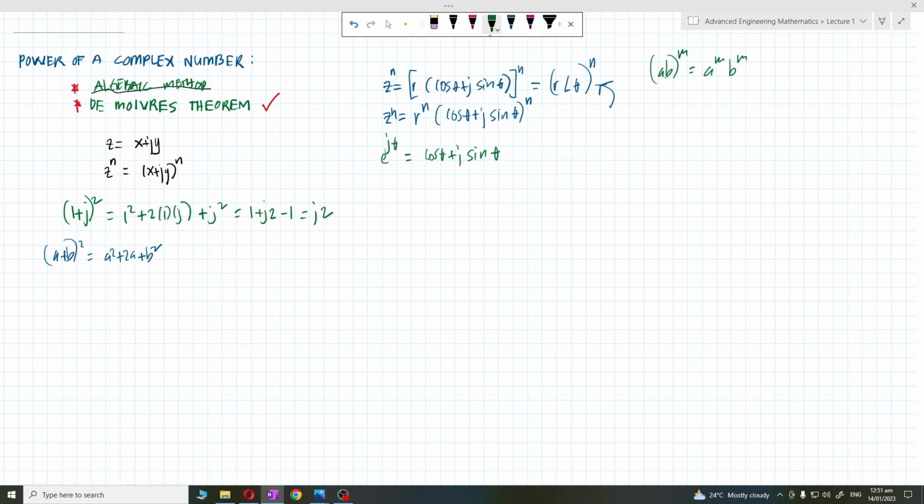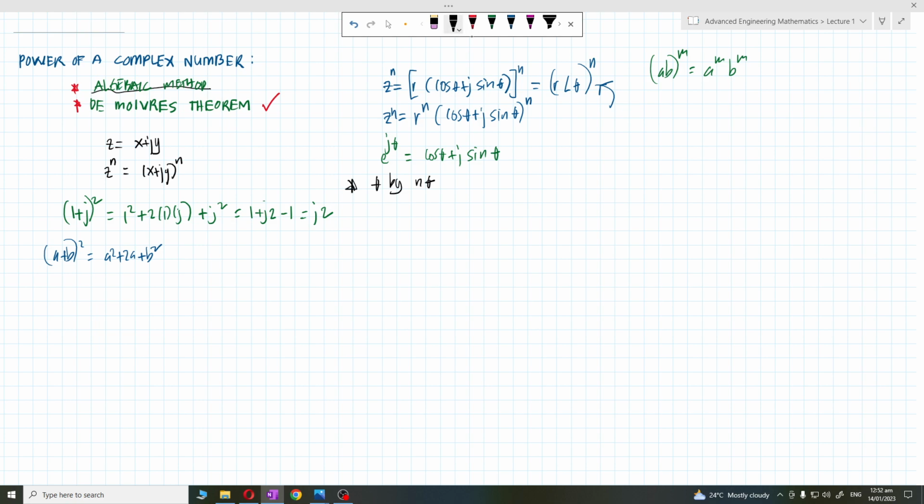Now we will try some substitution here, or just replace the variable theta by introducing a new variable. Let us replace theta by n theta.